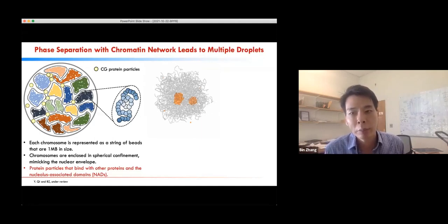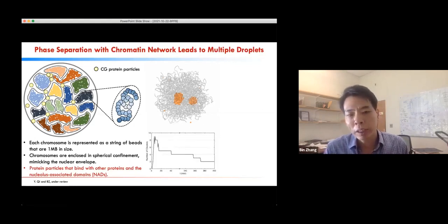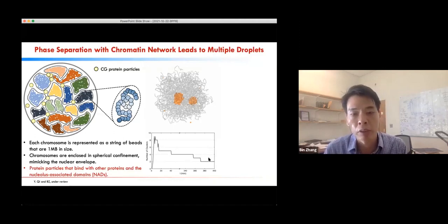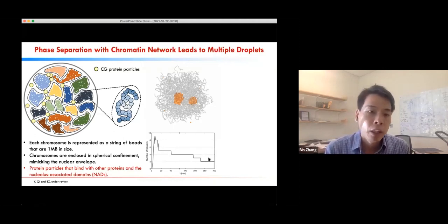And that's interesting because that's inconsistent with the expectation of the classical nucleation theory, but it is consistent with the biological observations. And we can also monitor the number of clusters as a function of time. You can see that you have an initial burst of clusters at the beginning, but then that gradually coarsens, and eventually settles down to 2 droplets.